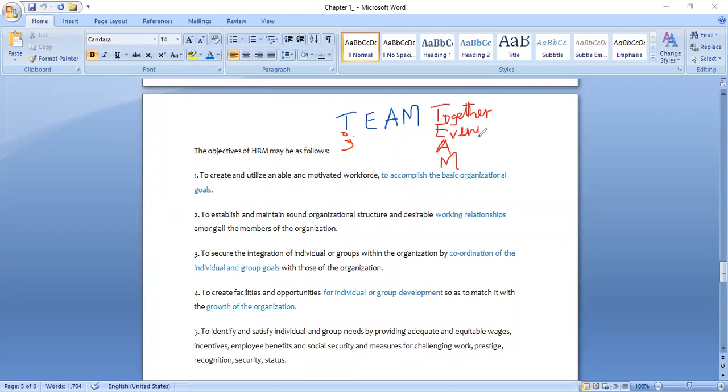So team means together, everyone achieving much.